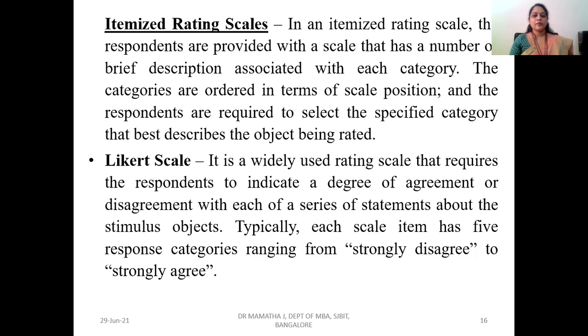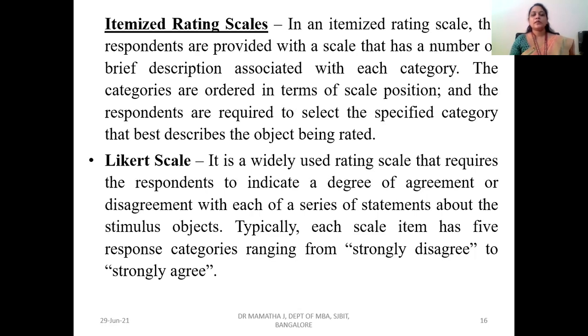Typically each scale item has 5 response categories, ranging from strongly disagree to strongly agree. In the Likert scale you will have a list of statements. These statements are called items, which is the reason this is called an itemized rating scale.